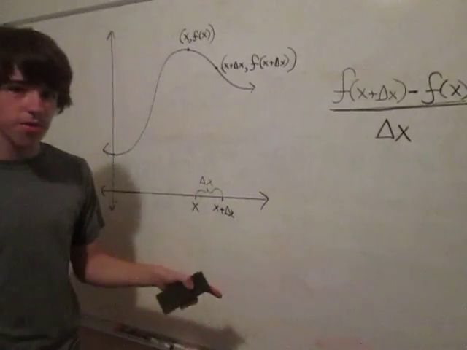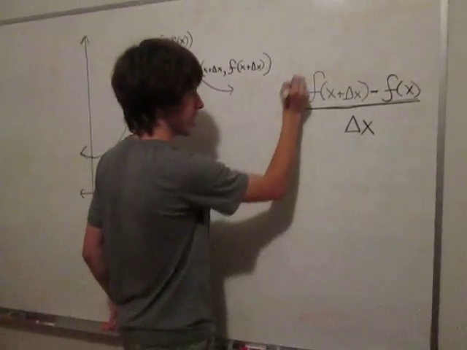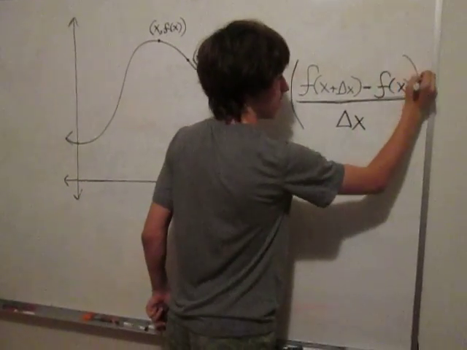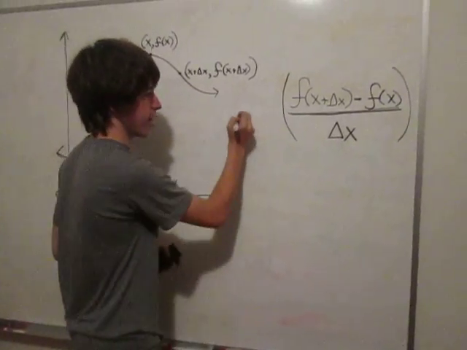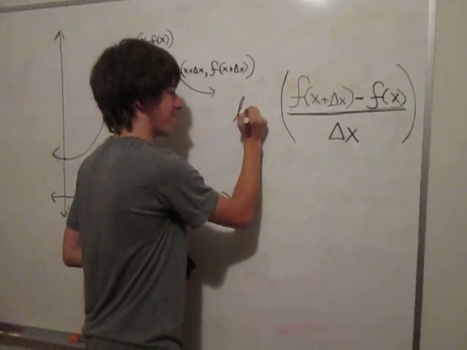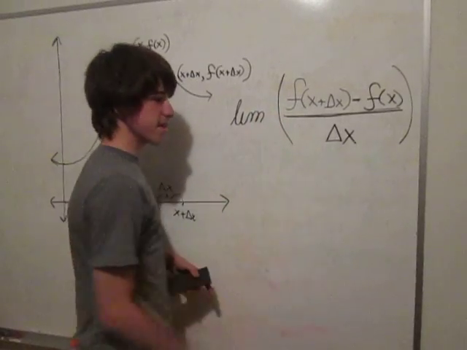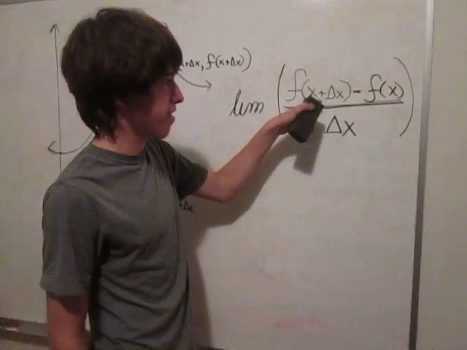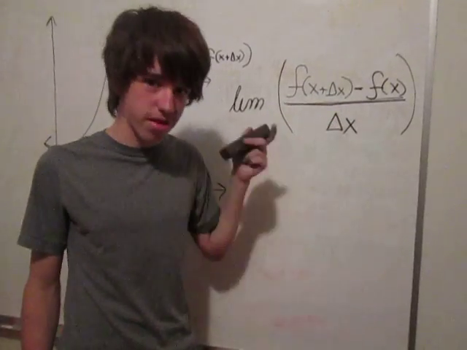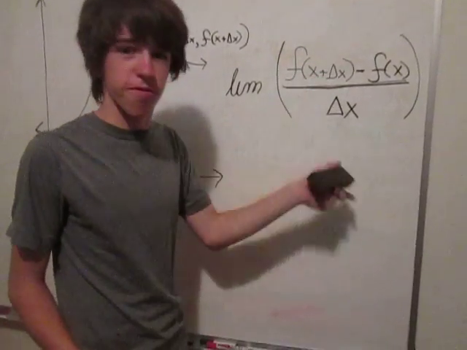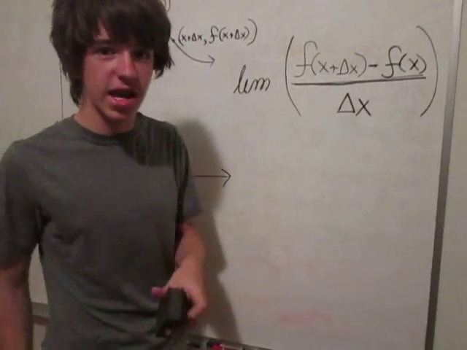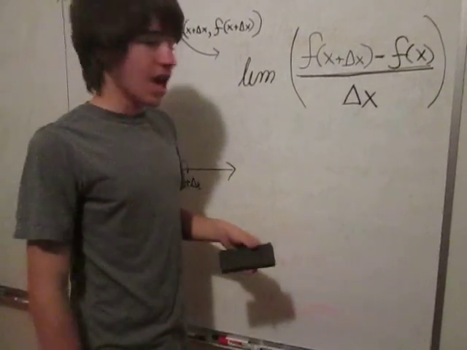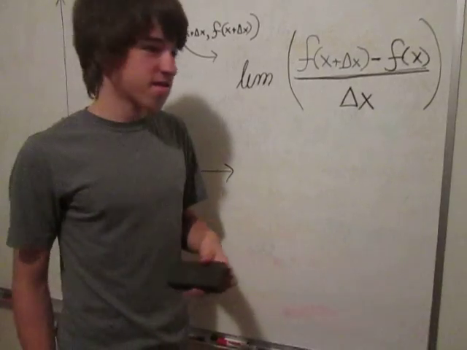So, what we can do is put this in brackets, and we find, because delta x can't just be 0, that would be f of x minus f of x over 0, and 0 over 0 is ambiguous because that can be equal to anything. And that's not satisfying.